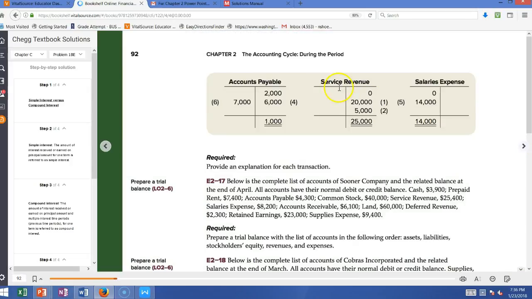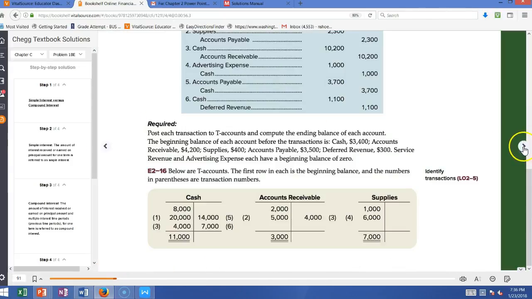Number 4, I see a debit to supplies of $6,000 and a credit to accounts payable for $6,000. What happened? Bought supplies on account. Number 5, a debit to salaries expense for $14,000 and a credit to cash for $14,000.